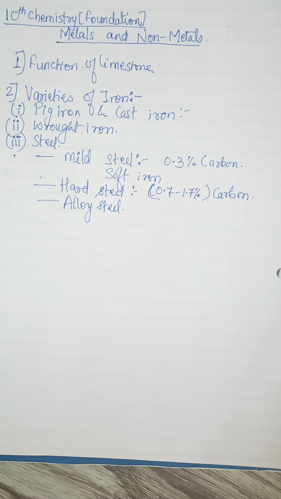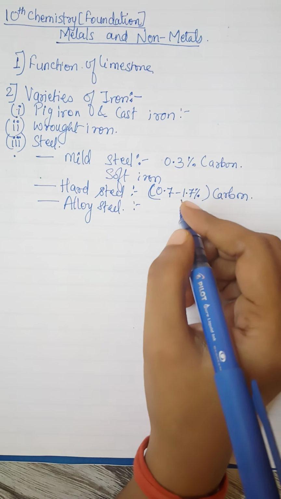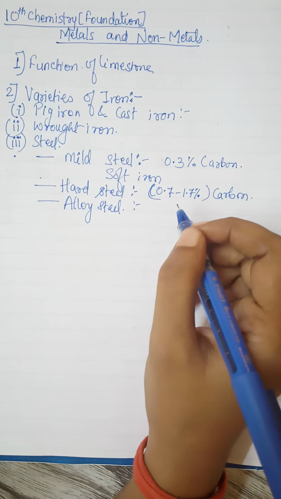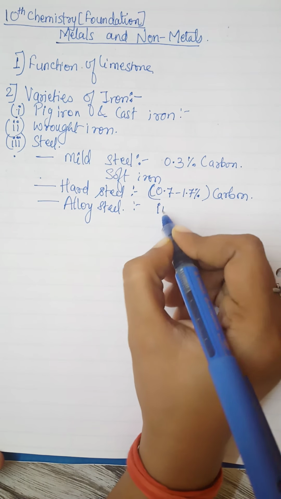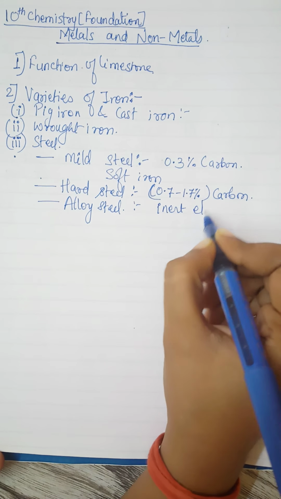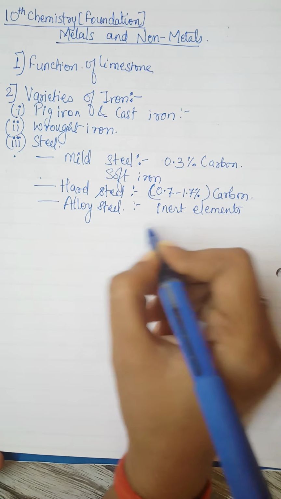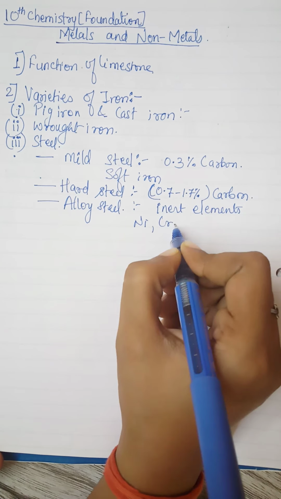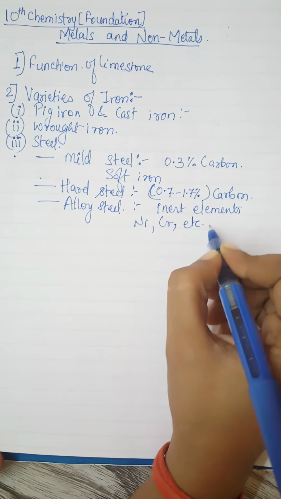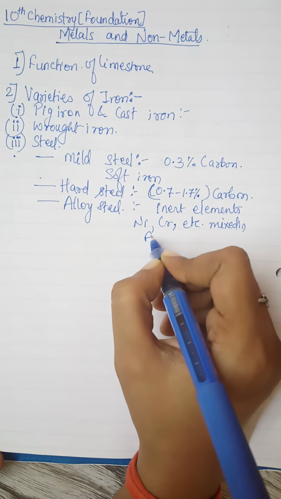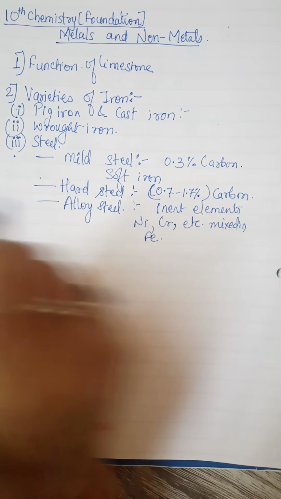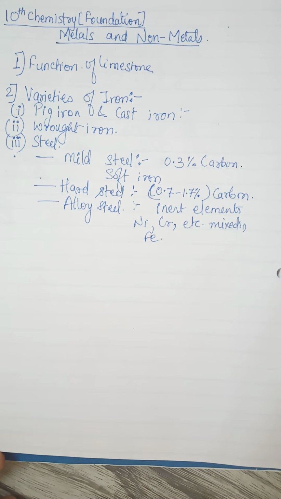Okay, so this is alloy. We have also written this in the first chapter, so there is no need to write it, but yes, it is an alloy with inert elements like nickel, chromium, etc. mixed in iron. Okay, now this is the alloy steel.